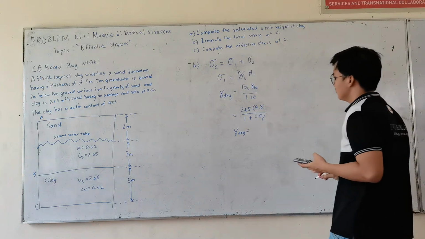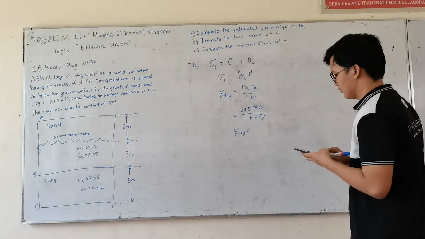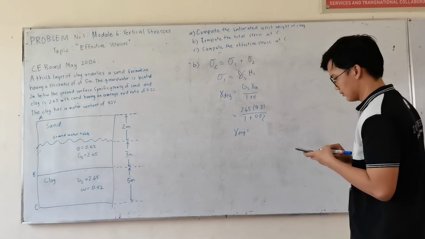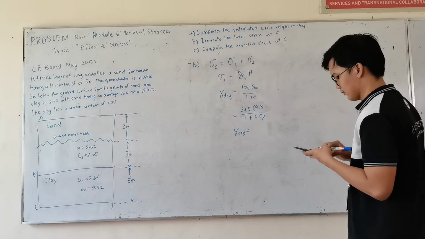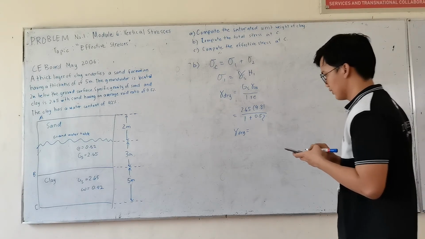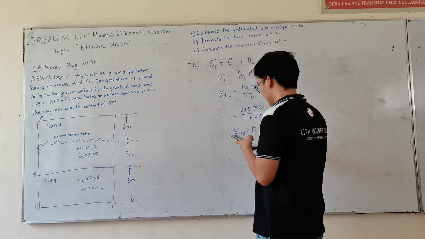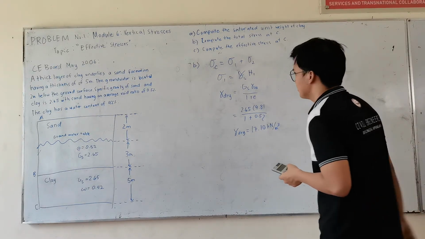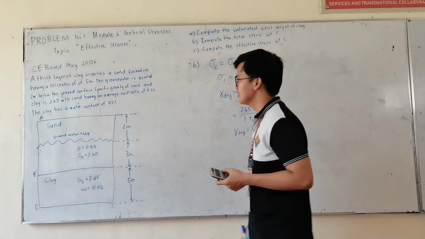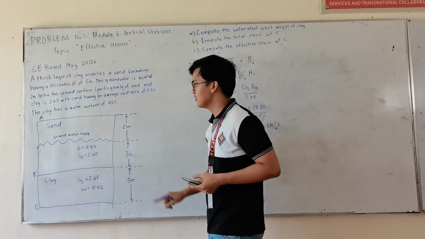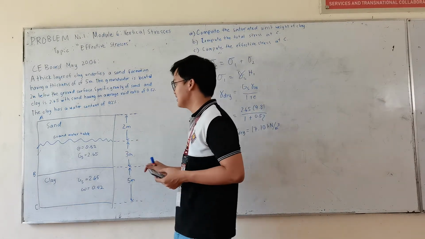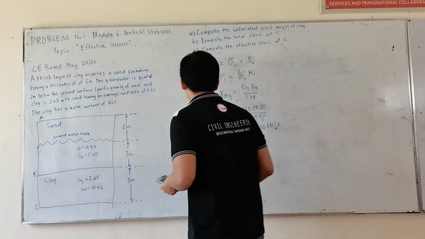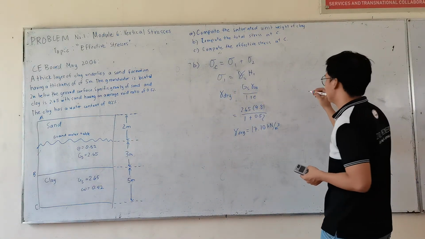That is equals to 17.10 kilonewton per meter cube. So, take note na sa layer ng sand na po natin is meron tayong groundwater table. So, ibig sabihin sa layer na ito, may portion siya na saturated na. So, hanapin natin yung unit weight ng saturation na yun.